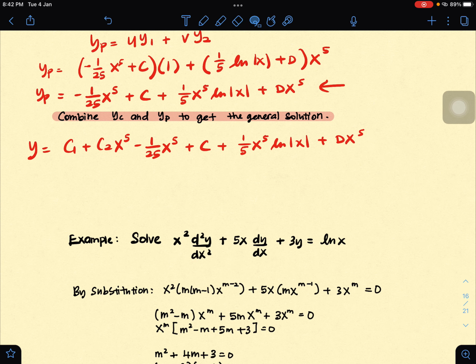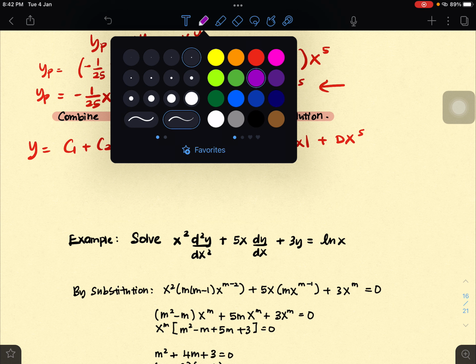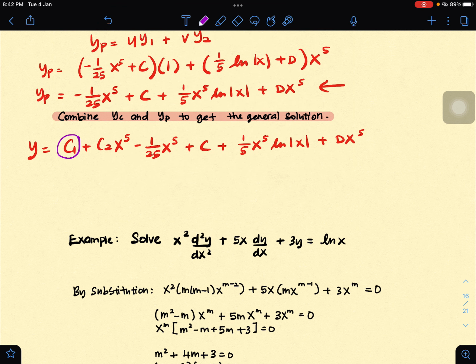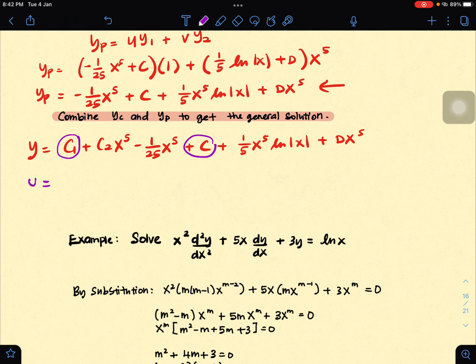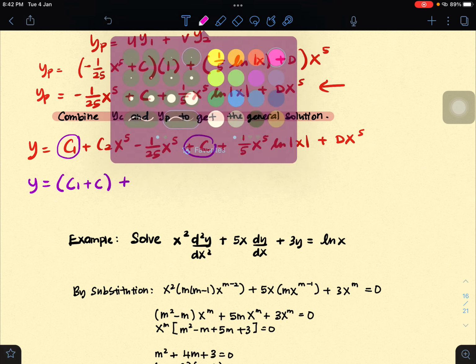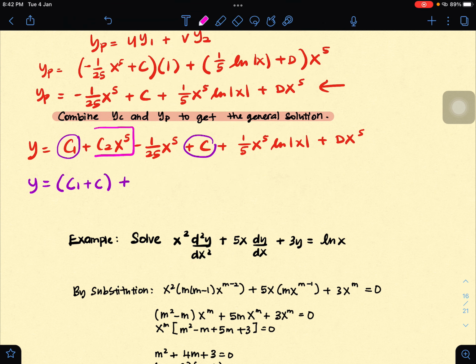Okay, so now you can combine which one is the same. So if you can see here, you have c1 and c, both are constant. So let's put it together. We have our y, c1 plus c plus with, and you can see here the c2x to the power of 5 with dx to the power of 5. We can combine them.